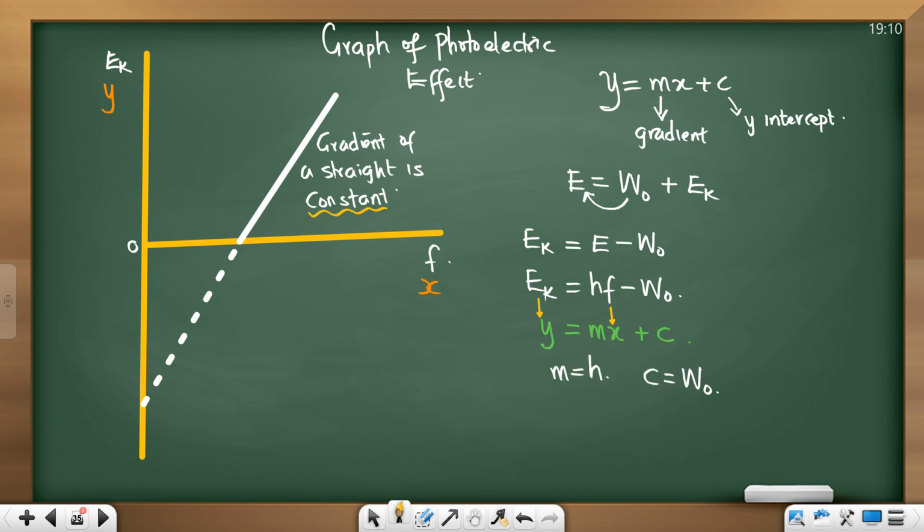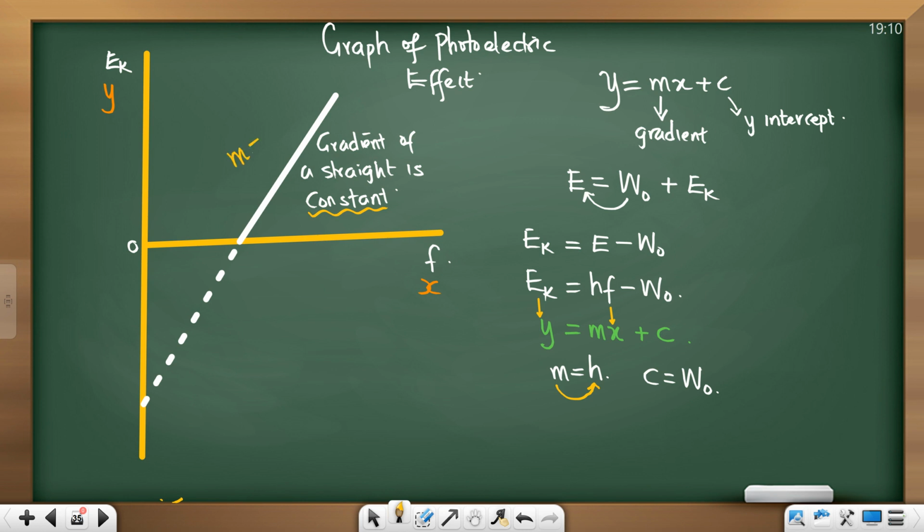What is my gradient here? What is h? Planck's. Makes sense. The gradient of a straight line is constant. In this case, my m equals h. And what is my h? Planck's what? Constant. You see that word constant coming in again? That's why it's a constant.